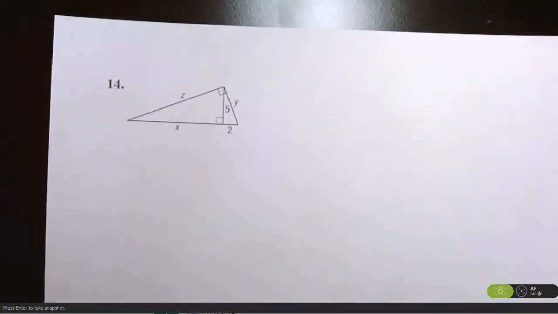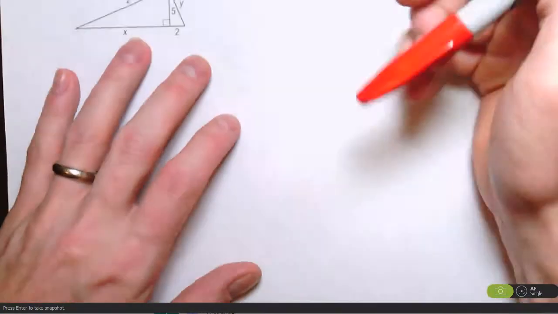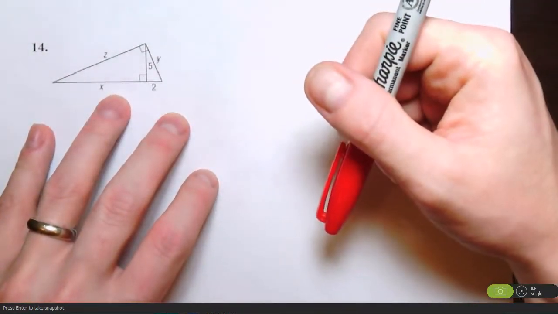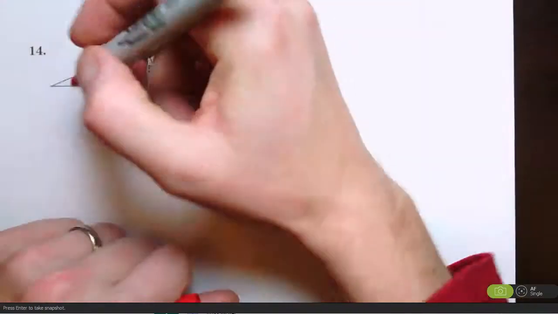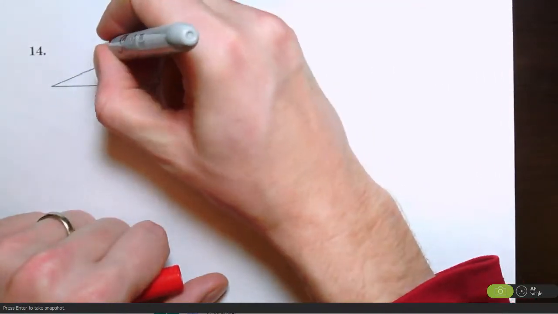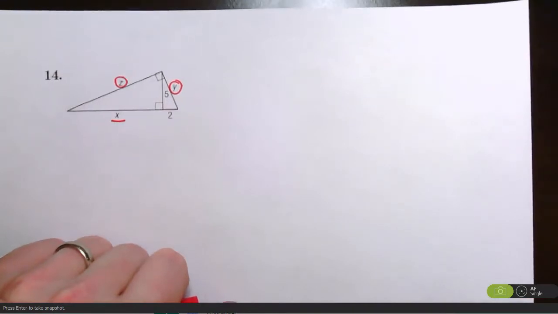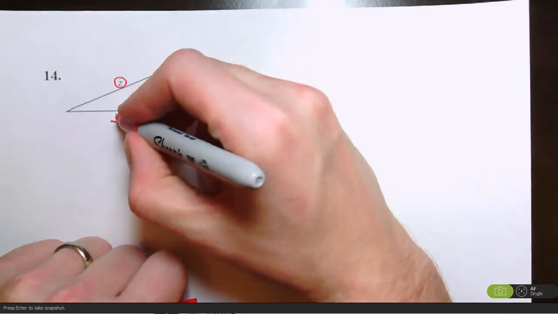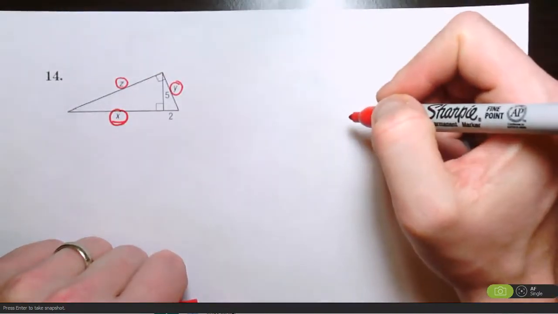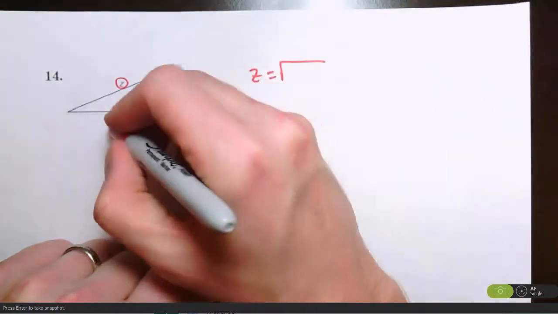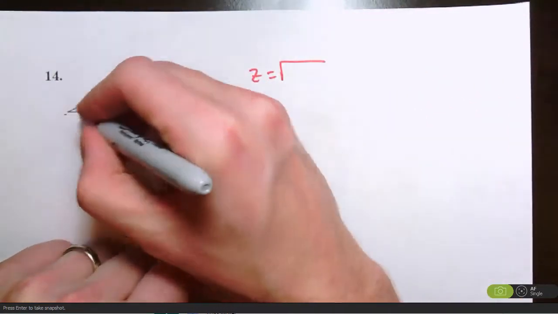Now, number 14, this one's a little different. Well, it starts off a little differently, at least. This one, I'm looking for part of the hypotenuse, big leg, other big leg. Okay. Now the problem with this is I don't know this part, because z, the big leg, is the geometric mean of the part of the hypotenuse that cuts up next to it.